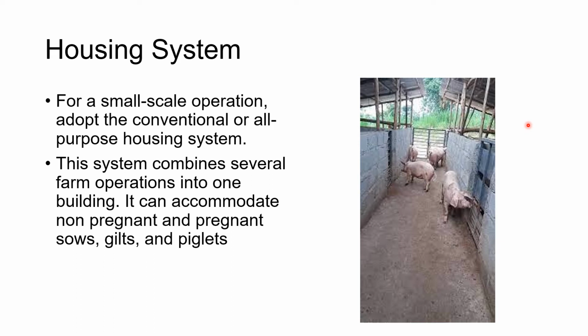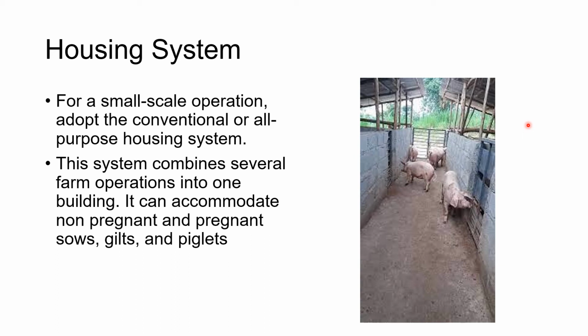The housing system and facilities will depend on the size and extent of the operation. So if your operation is small, you can adopt the conventional or all-purpose housing system. With this, you build one housing where, from piglet to growing-finishing, when you can already sell the pig, everything takes place in that housing. The pig lives there from piglet until it is slaughtered. That is the all-purpose housing system.